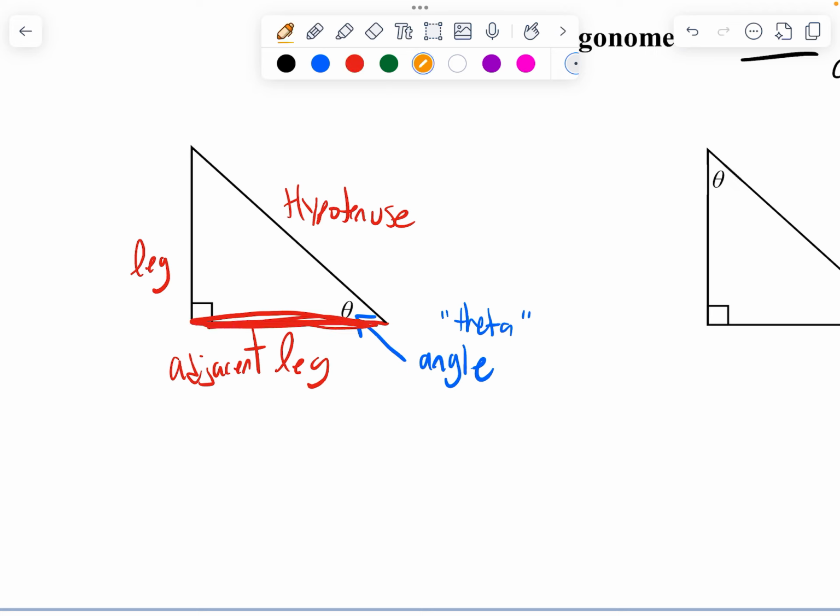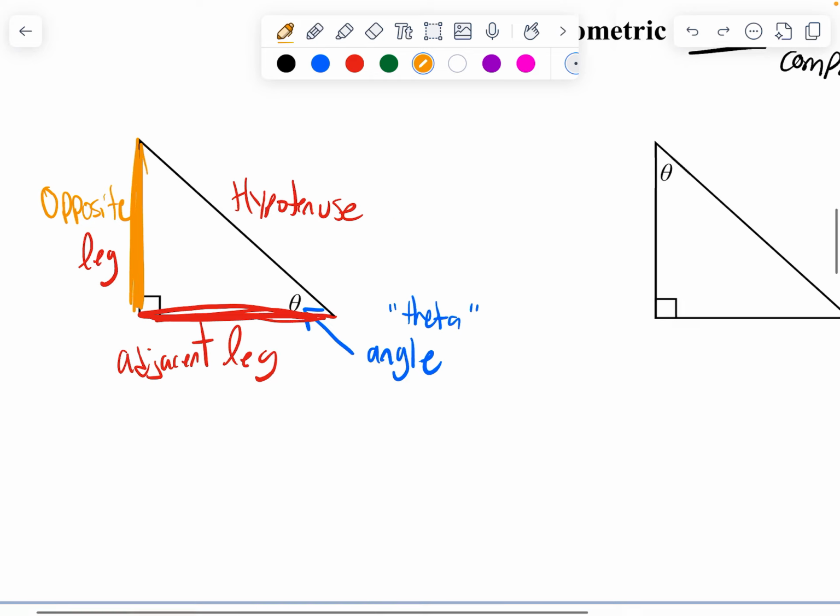And now we can be a little more specific, because theta is all the way on the opposite side of the other leg, which means that we call this the opposite leg. So if it's all the way across the triangle, it's the opposite leg, versus if it's right next to your angle, it's called the adjacent leg. Hypotenuse is hypotenuse regardless.